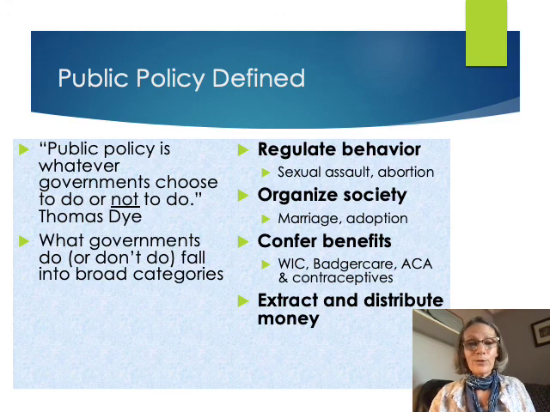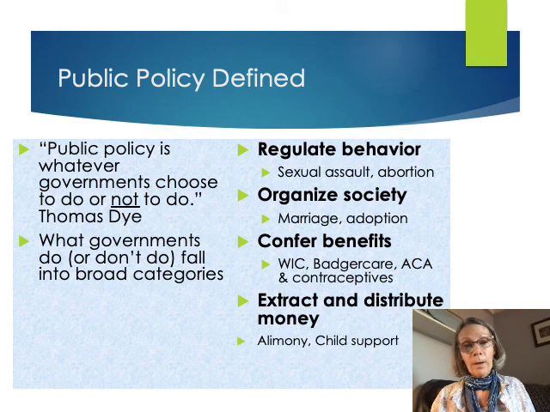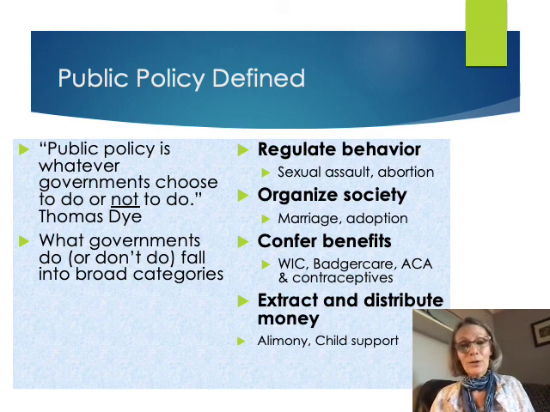And extracting and distributing money. Here's some examples: governments make decisions about alimony. So when a marriage dissolves, one partner might need to pay the other partner alimony until they're able to find a job. And also making sure that money is going to be extracted from parents and given to children in the form of child support.